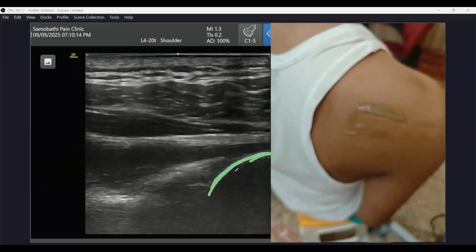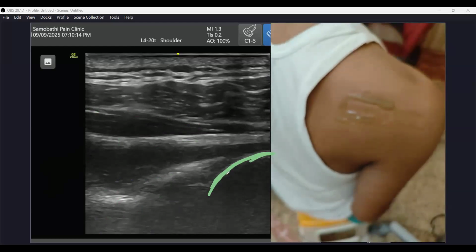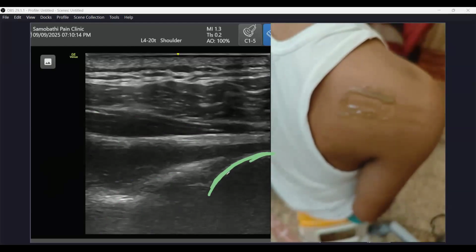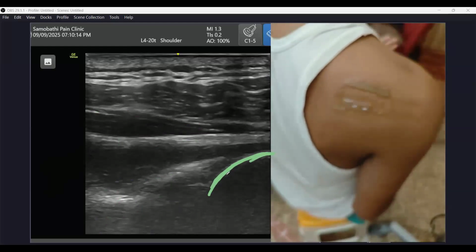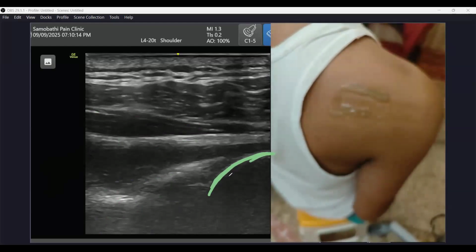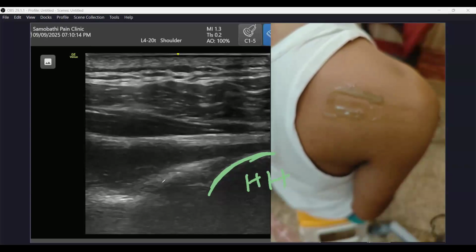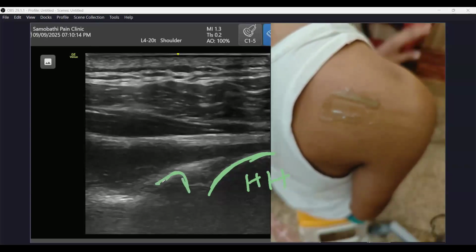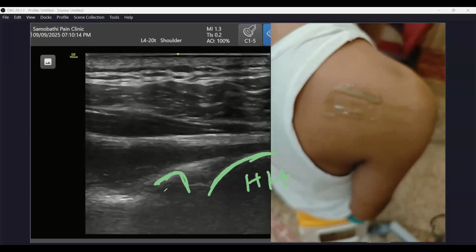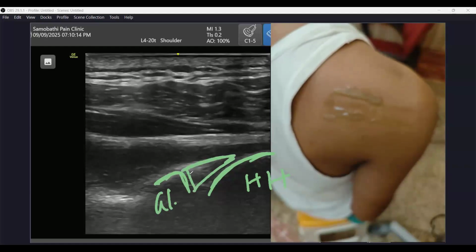This must be the rounded head of humerus. Once I find this rounded head of humerus, I will of course do dynamic checking whether it is the head of humerus or not. But I know it is, and medially, as soon as you find the head of humerus, the glenoid part should be here. Here I can see some bony area. So this is the glenoid bone, and this triangle is the glenoid labrum.